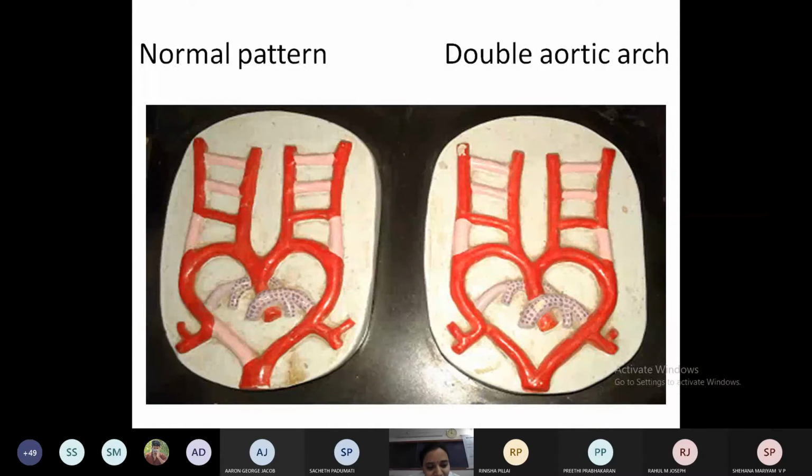If you are listening properly, you might have that doubt. Am I telling external and internal carotids properly? This is external carotid, this is internal carotid. Is it correct?